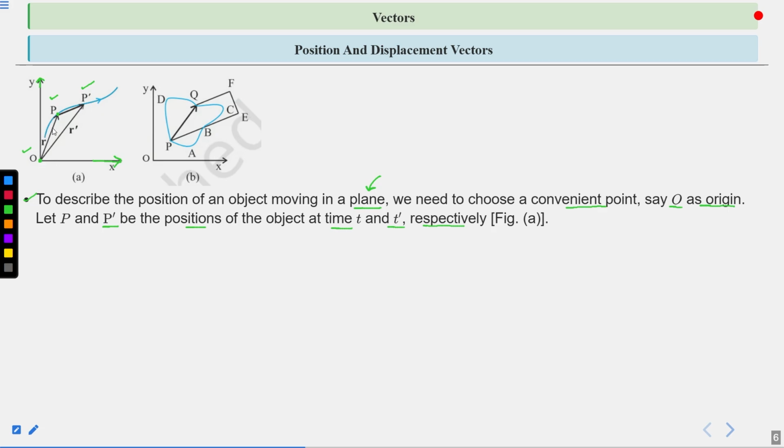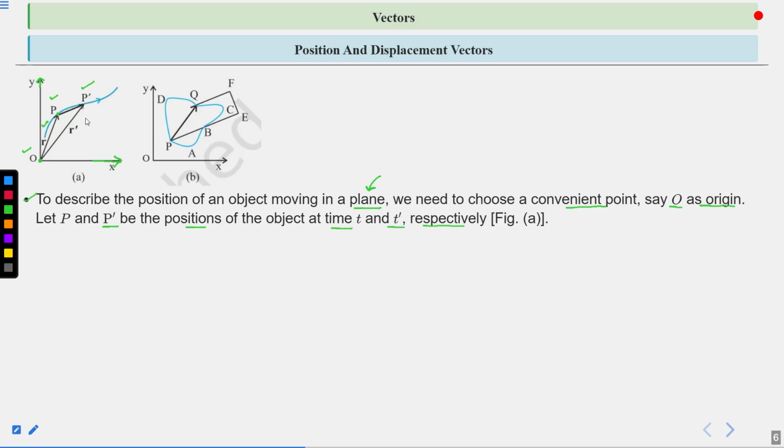So the distance from the origin is R. The particle situated at point P has position R, and the particle situated at point P prime, from origin O, has position R prime. So R and R prime are the position vectors. It shows position vectors.